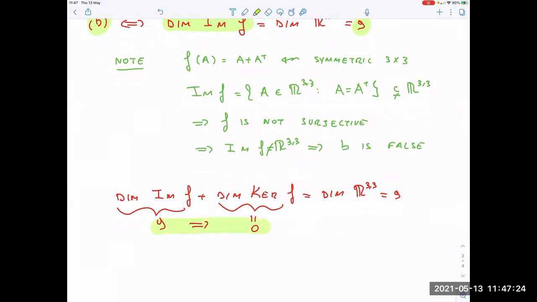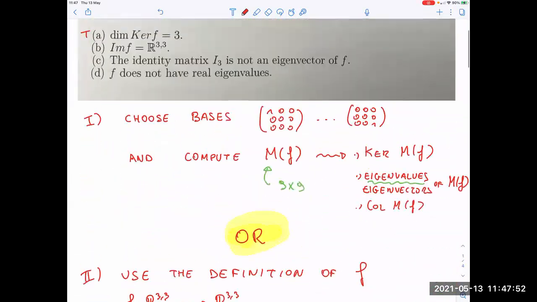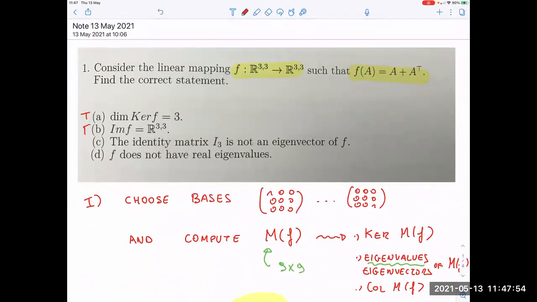But we know that the kernel does not have dimension 0, and so we get a contradiction. So it's not possible for B to be true. But the dimension of the kernel is 3. Thus, B is false. And so we can say it here, B is false. Okay?